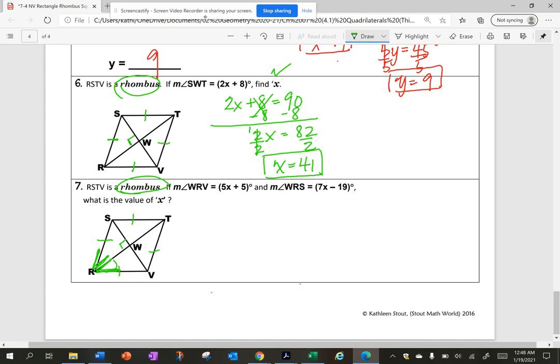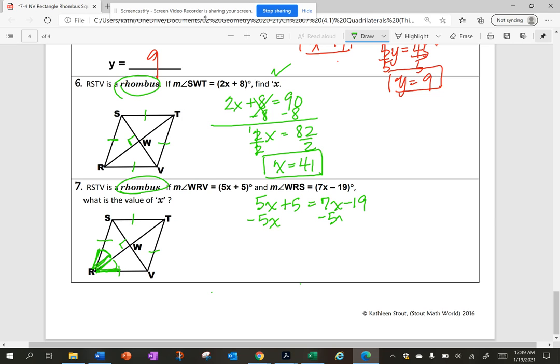So I know these two angles are bisected, so these angles are congruent. So when my angles are congruent, I can write an equation saying they're equal. So 5x plus 5 equals 7x minus 19.